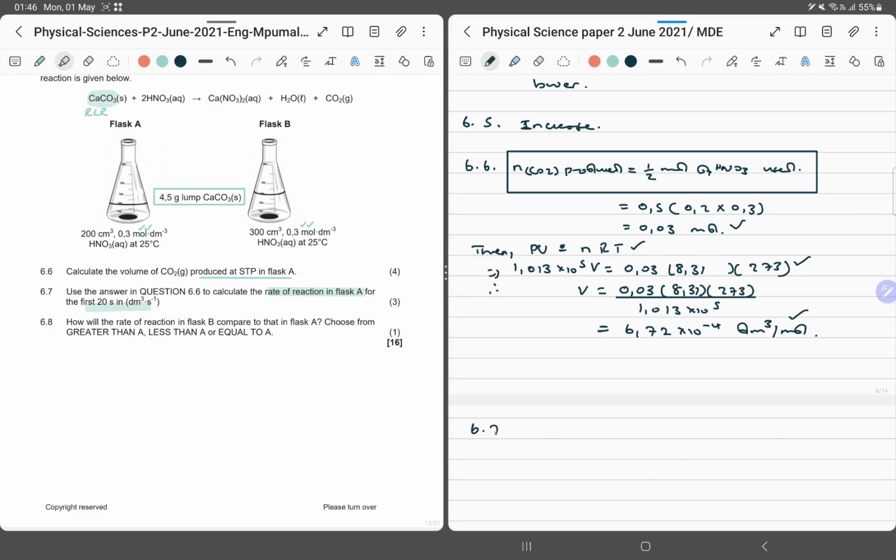So 6.7. We know that the reaction rate is going to be the change in volume over the change in time. The change in volume is effectively what we produced, 6,72 times 10 to the minus 4, all over 20.